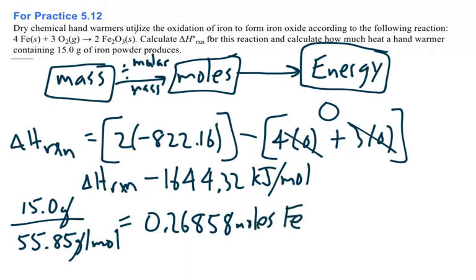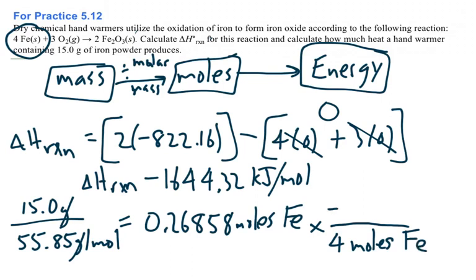Now we're going to go from moles of Fe to energy. If you look at the equation, the conversion factor says, and focus on iron here, for every 4 moles of Fe, we calculated that we're going to release 1644.32 kilojoules of energy.